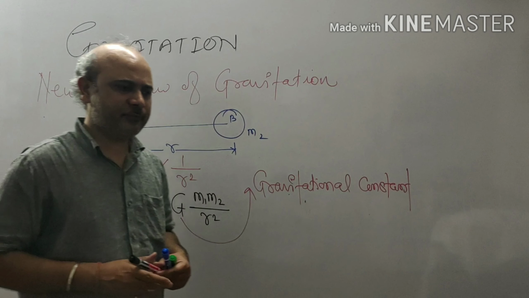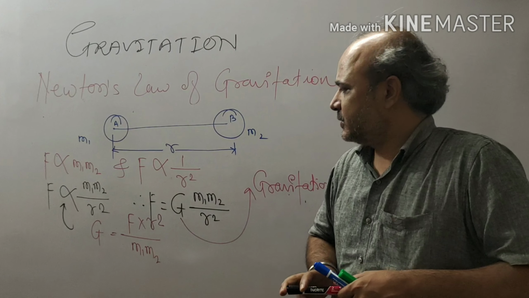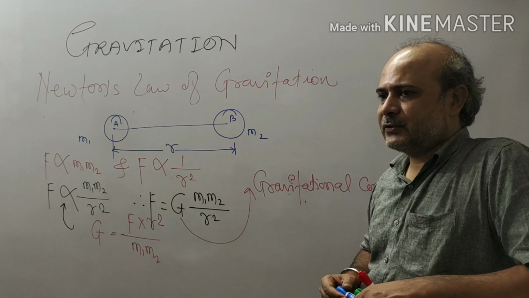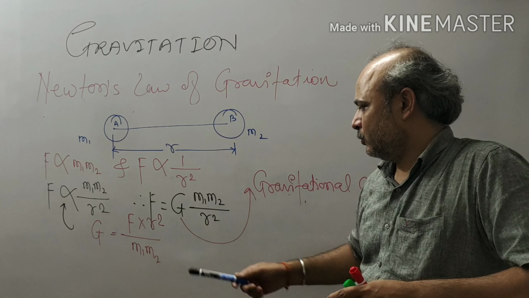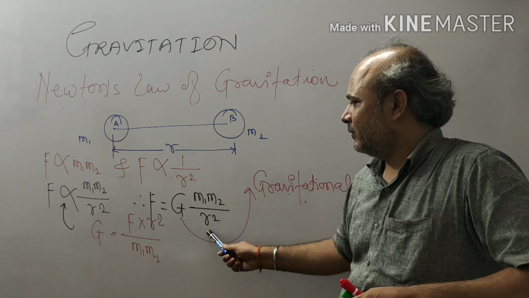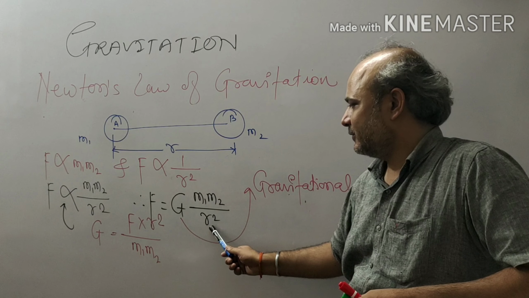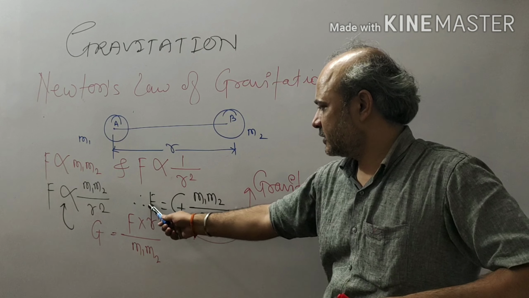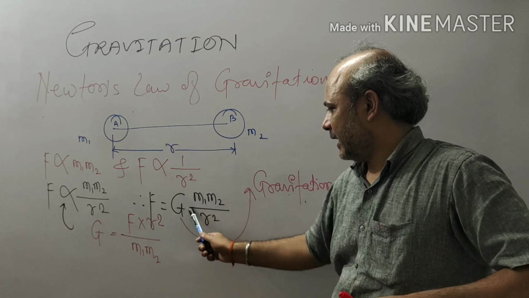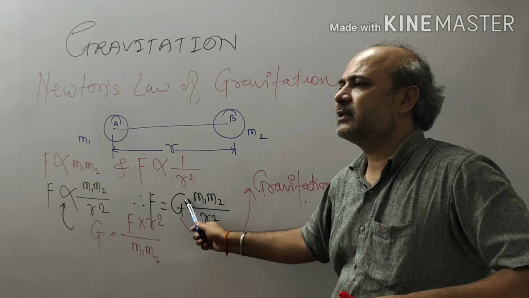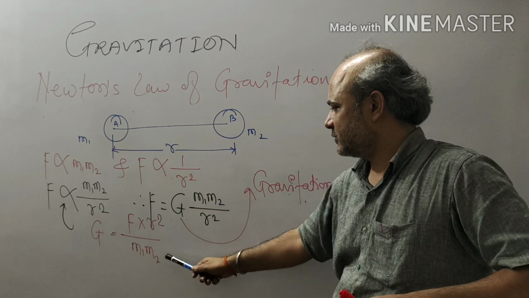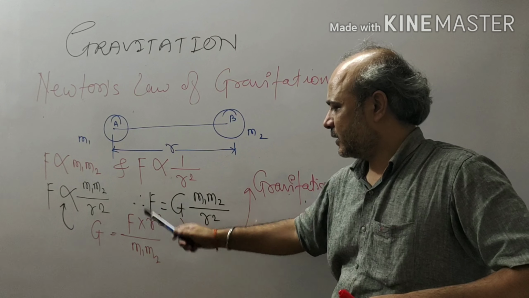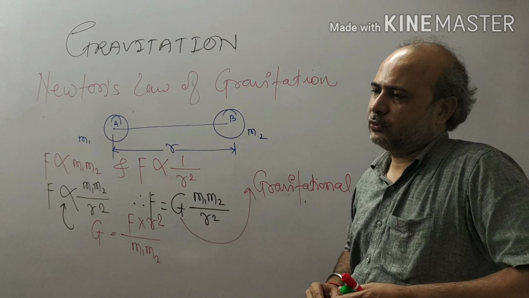So the value of G is F into r square upon m1 m2. Because when we transfer r square to the left hand side, it is division, and m1 m2 is multiplication with G.